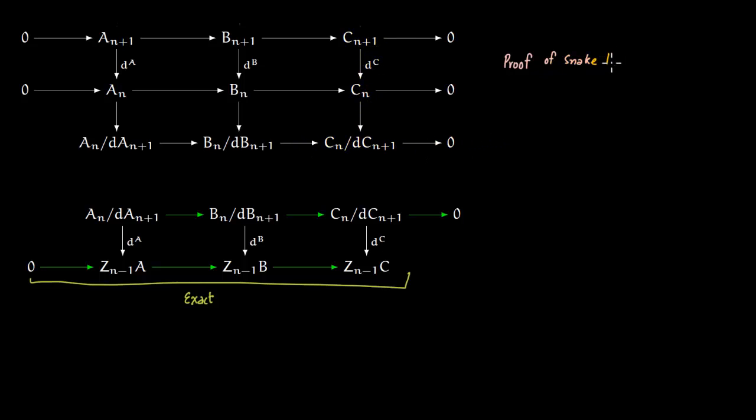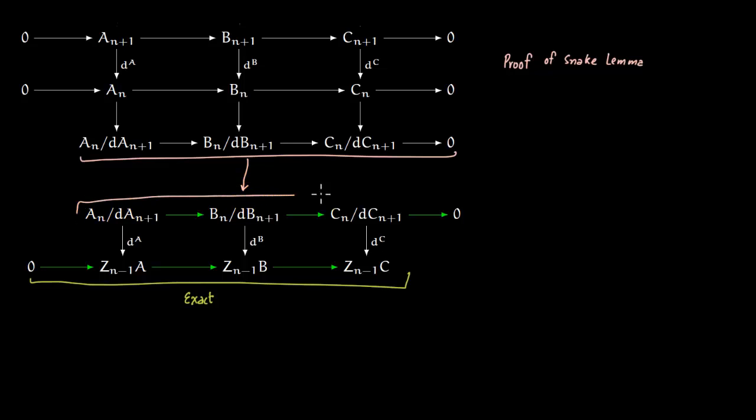In the proof of the snake lemma we showed that these cokernels which we form are also exact. So this exactness comes from the proof. You copy it right down here to show the exactness. So we have shown the exactness here, and therefore we can apply the snake lemma to get the long exact sequence of homology.